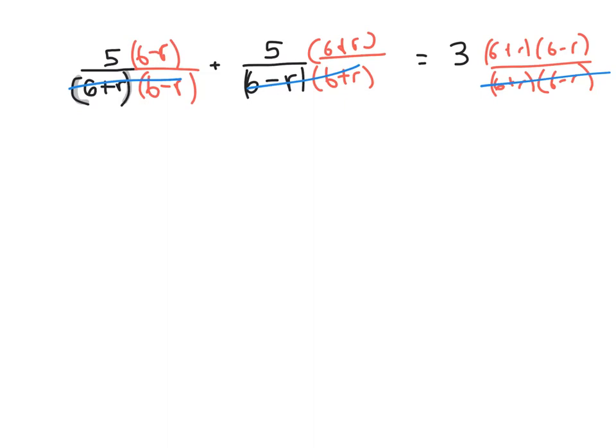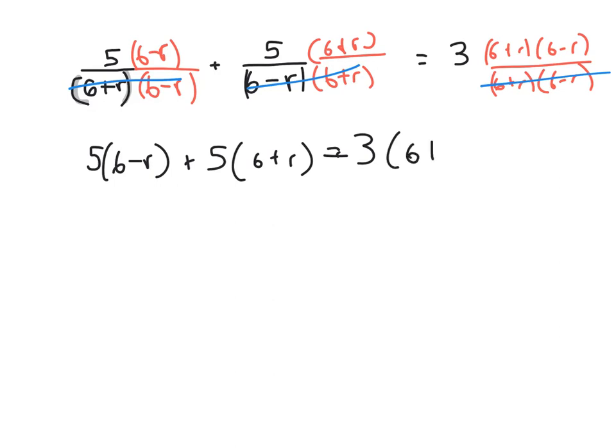Either way, I'm left with 5 times 6 minus r plus 5 times 6 plus r equals 3 times 6 plus r, 6 minus r.